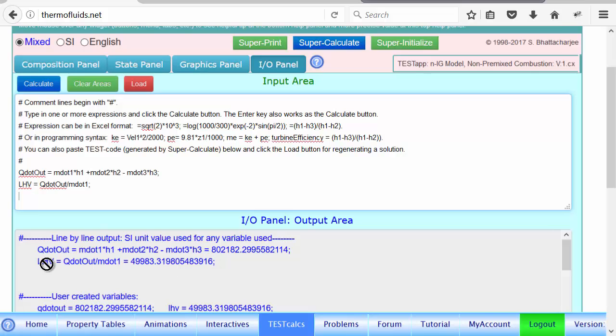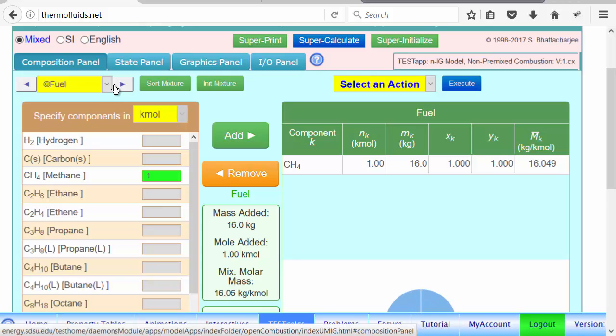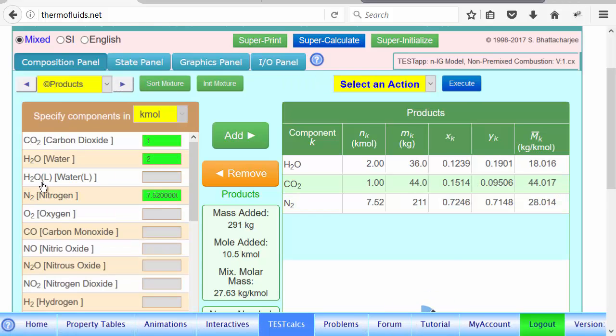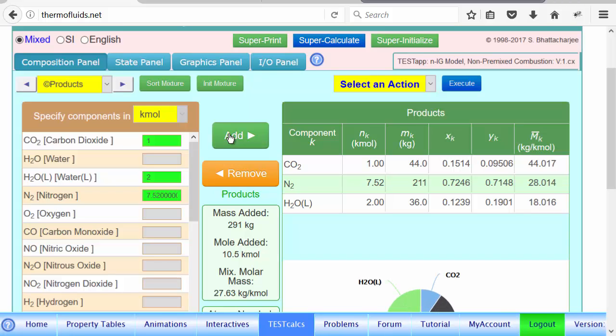Now let's say we want to find the higher heating value. To determine the higher heating value, we first recognize that the products cannot contain vapor of water. So we will get rid of water by clicking the remove button and add an equal amount of liquid water. In other words, the water is in condensed form in the products.